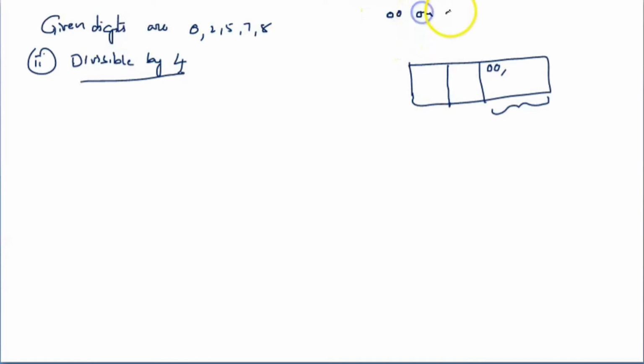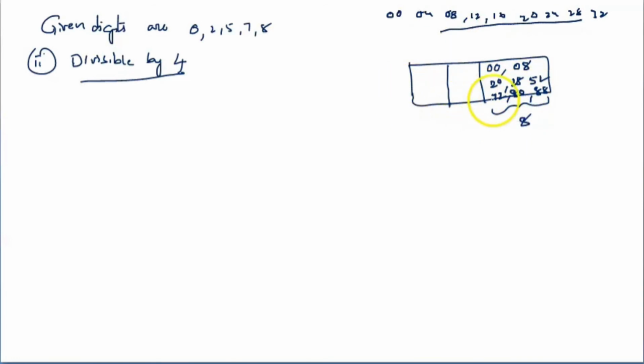You have an idea: 00, 04, 08, 12, 16, 20, 24, 28, 32 are multiples of 4. Let us search here. 00 is there, 02, 05, 07, 08, and then 20, 25, 27, 28, and then 50, 52, 55, 57, 58, and then 70, 72 is there, 77, 78 is not there, and then 80, 82, 88. So there are 1, 2, 3, 4, 5, 6, 7, 8, 8 ways.